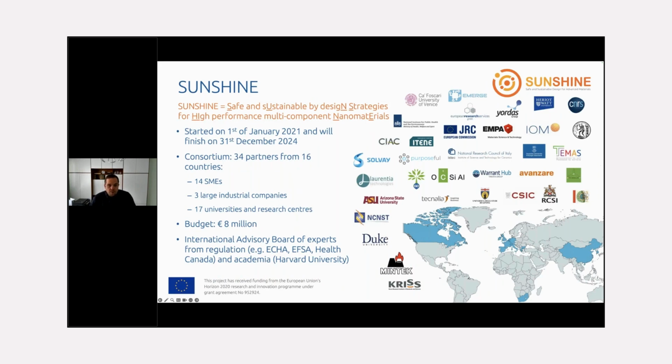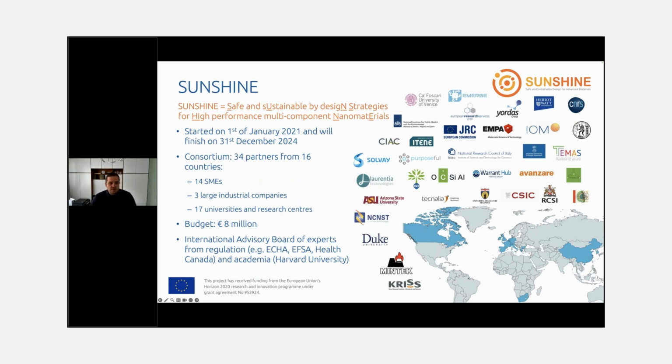In the SUNSHINE project, leading research and technology organizations are cooperating on a daily basis with industrial partners to develop and implement safe and sustainable by design strategies for advanced materials, and more specifically to a category of advanced materials, the so-called multi-component nanomaterials.